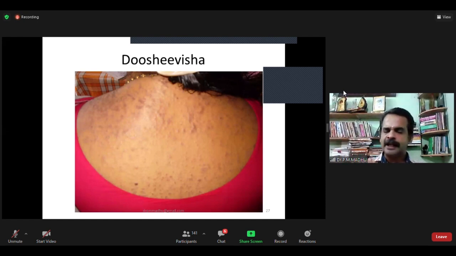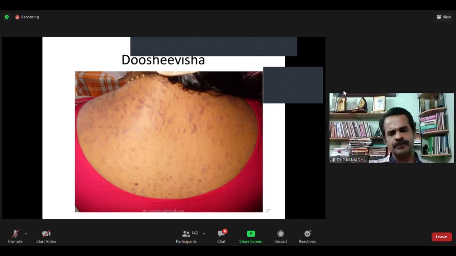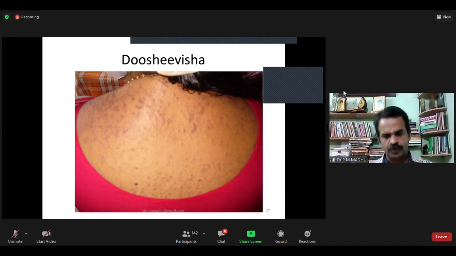Like that in lichen planus, even after subsiding the symptoms, the chances of aggravation are there in the presence of triggering factors. So these triggering factors will aggravate the condition, like in lichen planus. So we have to identify the case with respect to dushi visha, and we have to take the drugs detailed in dushi visha prakarana to deal with lichen planus.